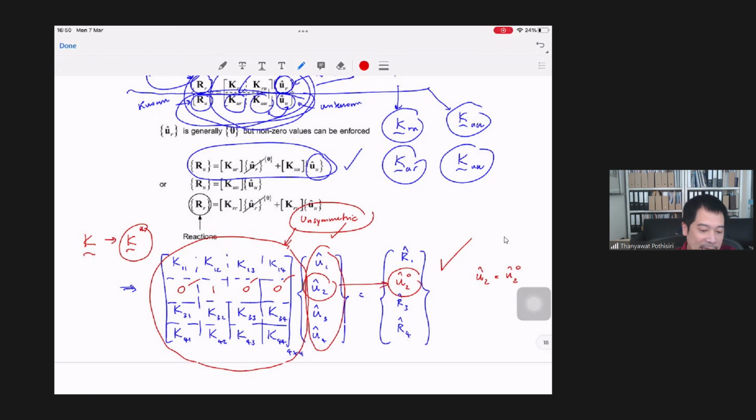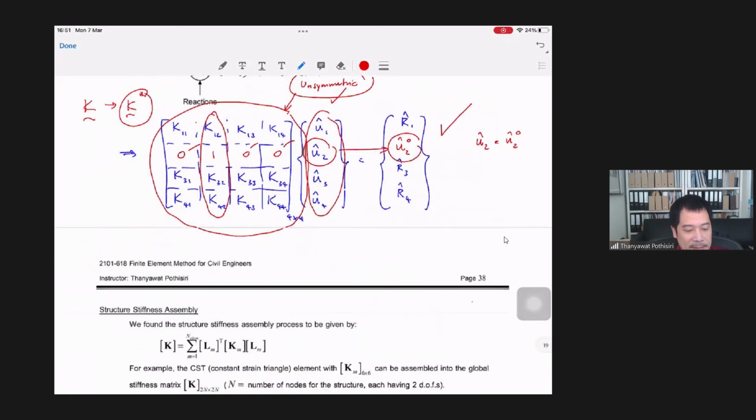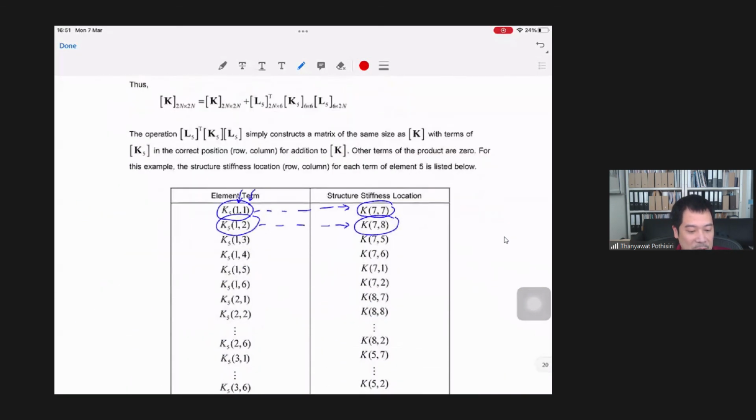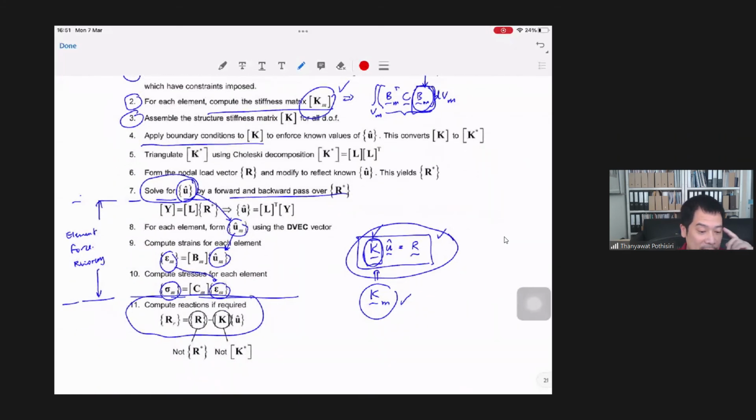That's why sometimes you would like to modify this to be symmetric as well, in order to be able to use certain algorithms to solve for the unknown displacement. Anyhow, you can do it either way.